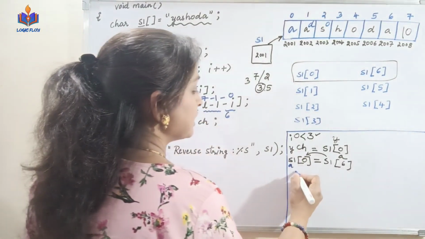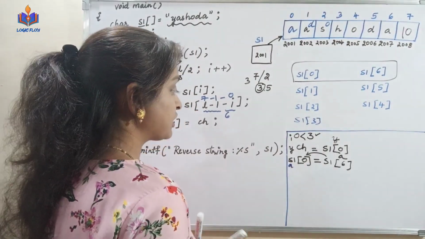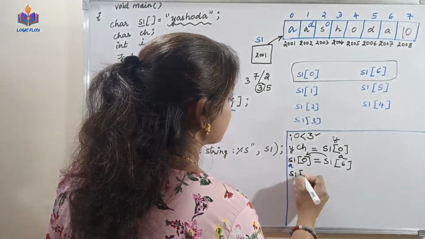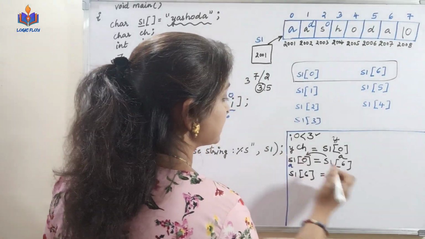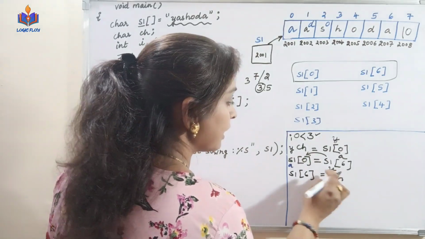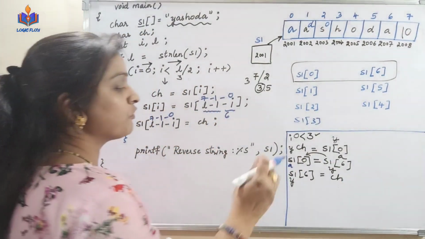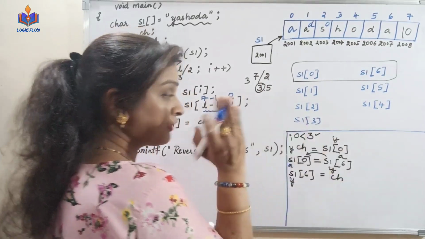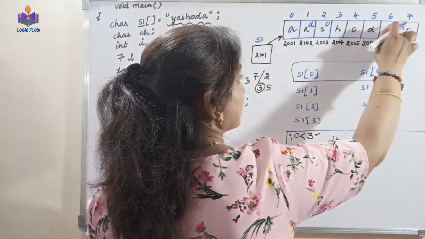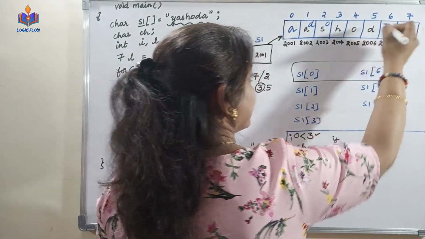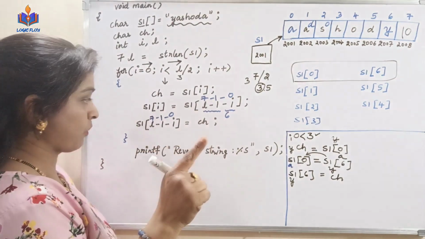So it is S1 of 6. What should I get in S1 of 6? Whatever value I have in CH. CH is having Y. That I need to store here. So S1 of 6 will get the value that I have taken as backup in CH. So S1 of 6 will have Y. See, done with one swap. We have interchanged, right? Okay.